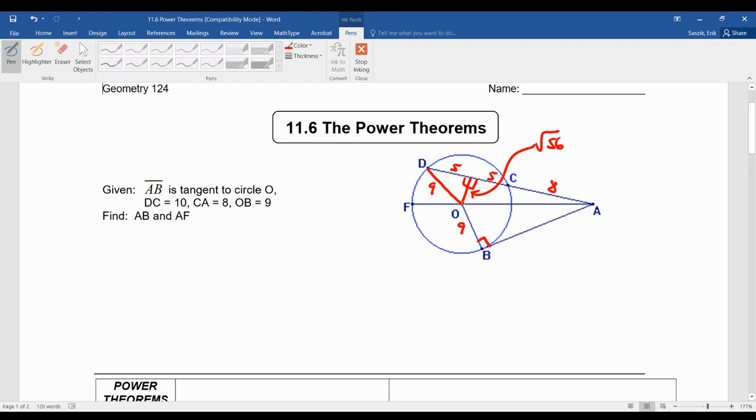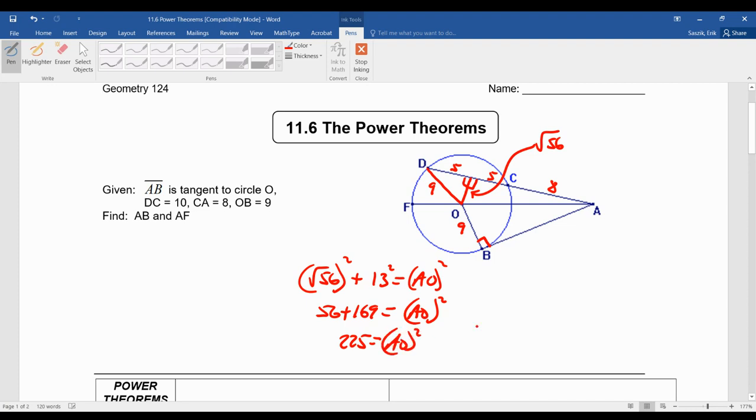Because now I'm going to use this long skinny triangle. And I know that square root of 56 squared plus 13 squared will give me AO squared. So I have 56 plus 169. And that gives me 225.